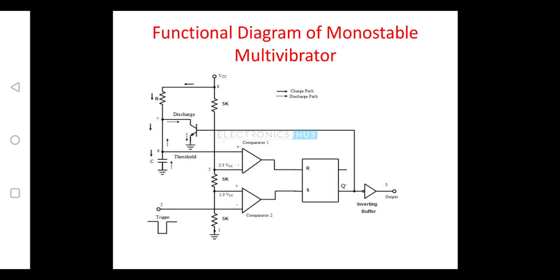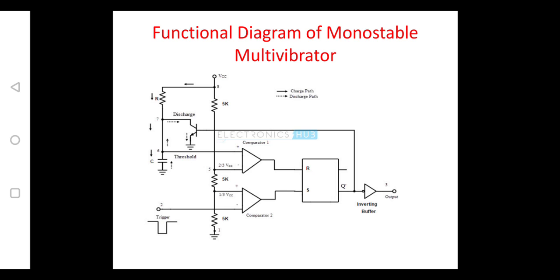So in this case, let the trigger pulse be less than 1 by 3 of VCC. So comparator 2 output is equivalent to 1. If comparator 2 is 1, S is 1. That is, set is equivalent to 1, which represents Q is 1 and Q bar is 0.